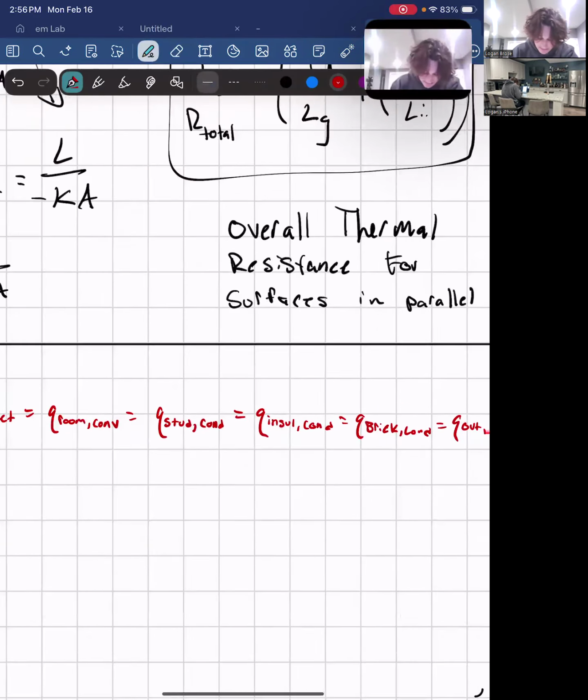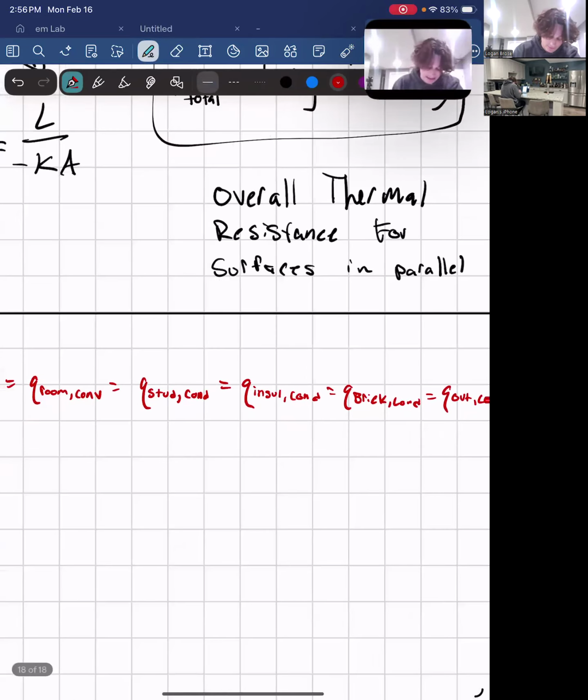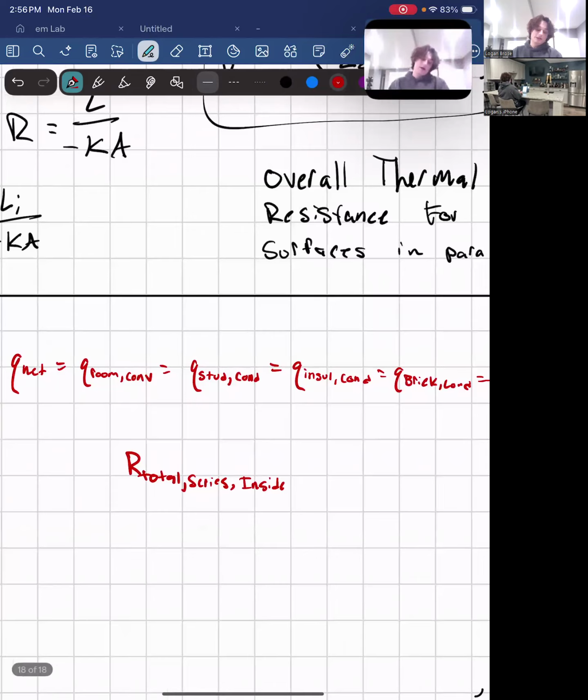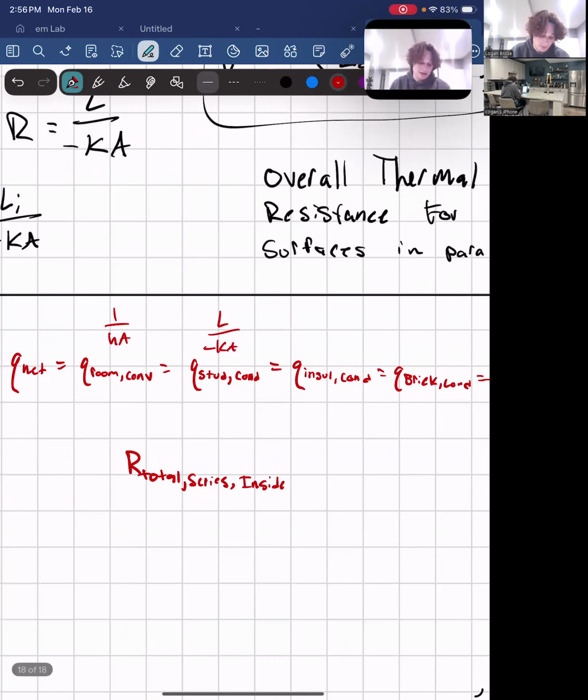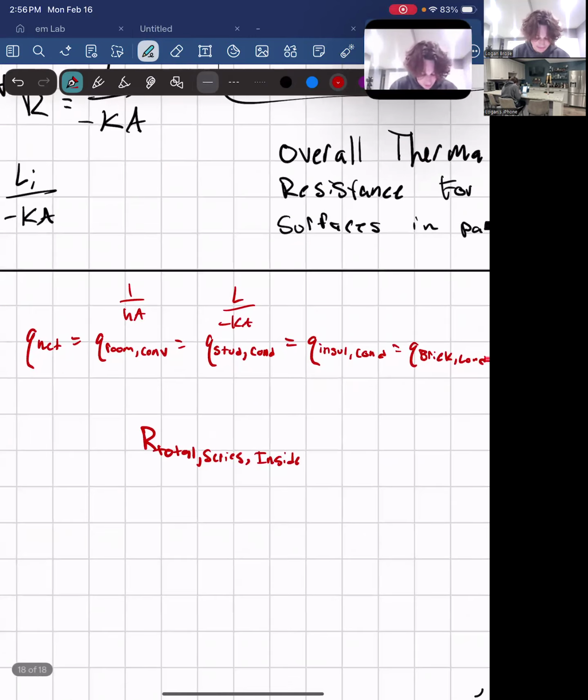This is for our total, just the R total of a series. Let's say this is the inside. If you were to break this down, we have our 1 over hA, our L over kA, and so on and so forth, and that is all broken down into this R total of a series.